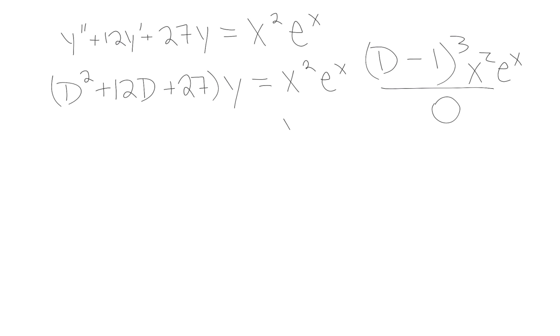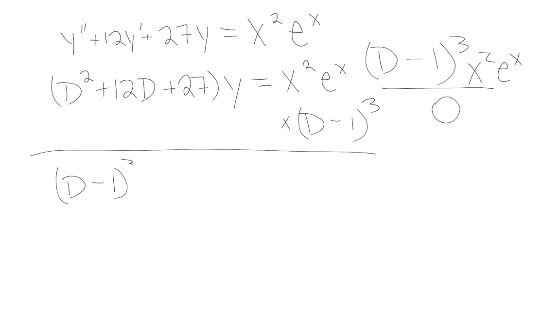So, if I multiply everything by the differential operator (D - 1)^3, I get (D - 1)^3 times this whole madness, (D^2 + 12D + 27) times y, and it's all equal to 0.